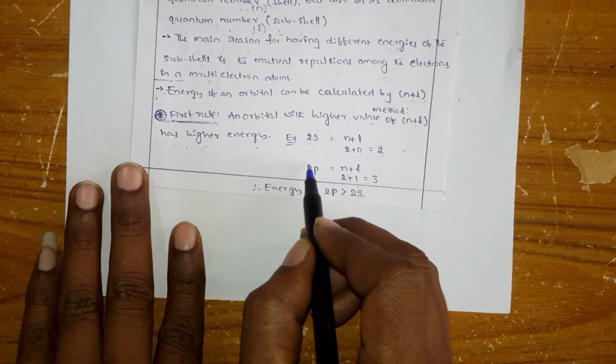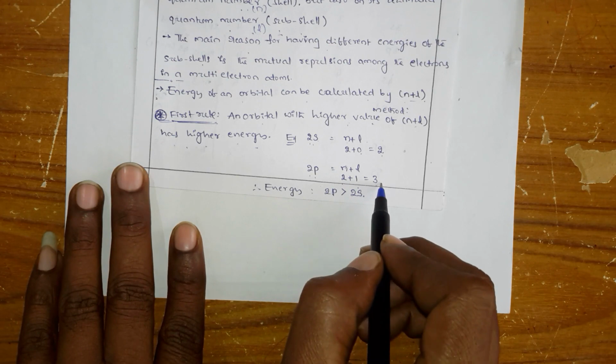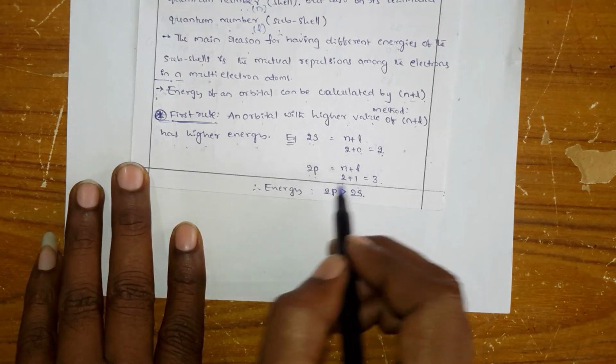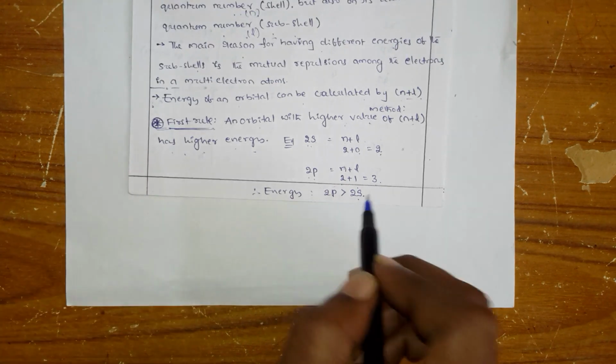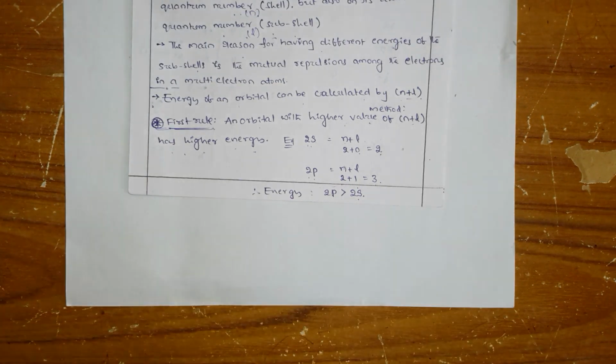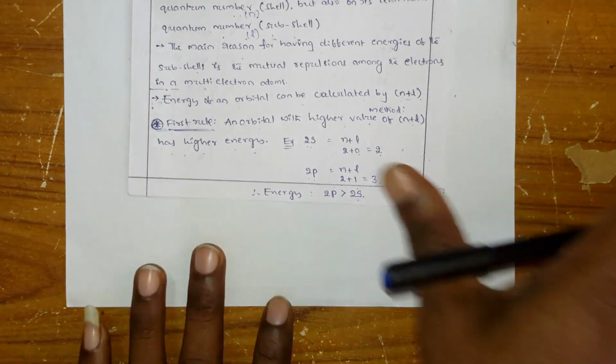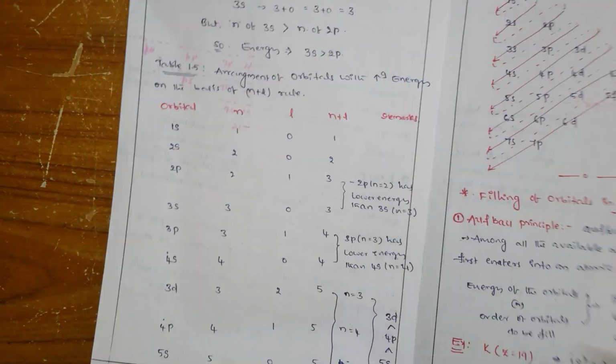So the n plus L value of 2p is more than that of 2s, so you can say that the 2p energy is more than 2s. Very simple. For multi-electron systems, you have to use the n plus L method. In the n plus L method, whichever orbital has the higher n plus L value has higher energy. Simple. Suppose you take one more example.